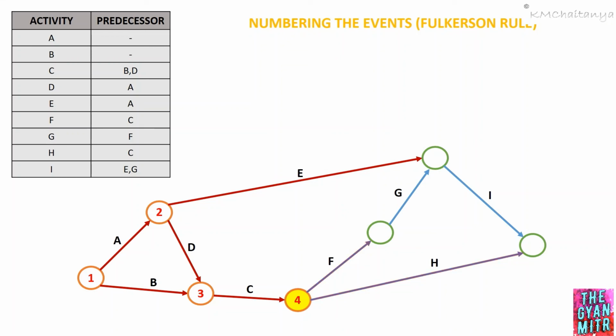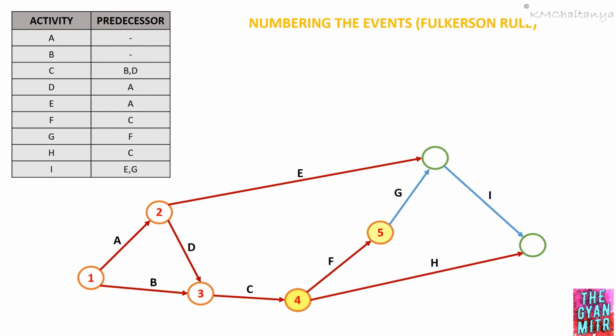From event 4, we have two activities emerging, activity F and activity H. Now I can number only the event which is after activity F. That is because for the event after activity H, there is one more activity, activity I, which has not been traced. Therefore, I can number the event after activity F as 5.